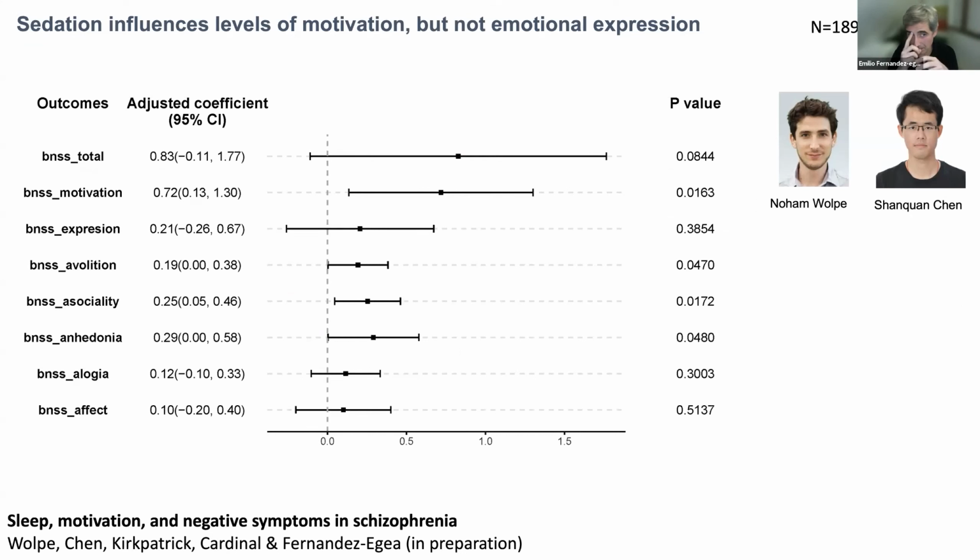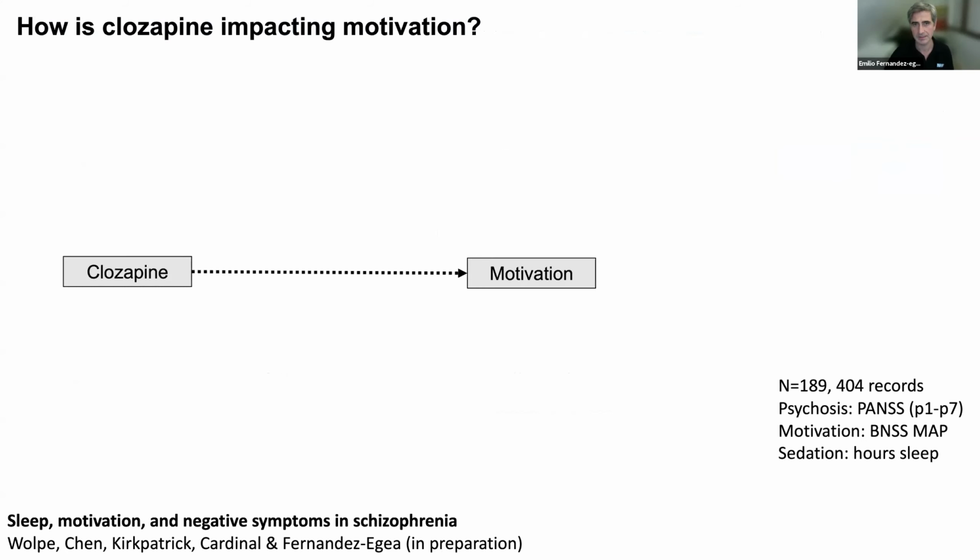So let's start to disentangle the different factors that might be associated with the negative symptoms or with the different components of the negative symptoms. Going a bit beyond, we also found, combining the two studies, that the dose of Clozapine impacted motivation on the one hand and also impacted sedation on the other hand.